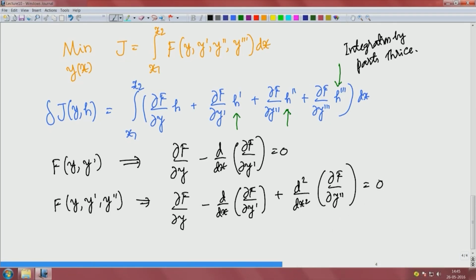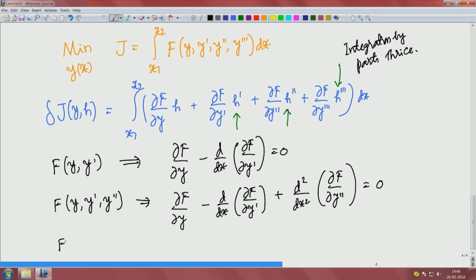That is what we got. Now, there is a pattern. When we had y and y prime, that still has only the same 2 terms. Because of the presence of y double prime, we got an extra term. There is a plus, minus, plus, and the derivative order is increasing.